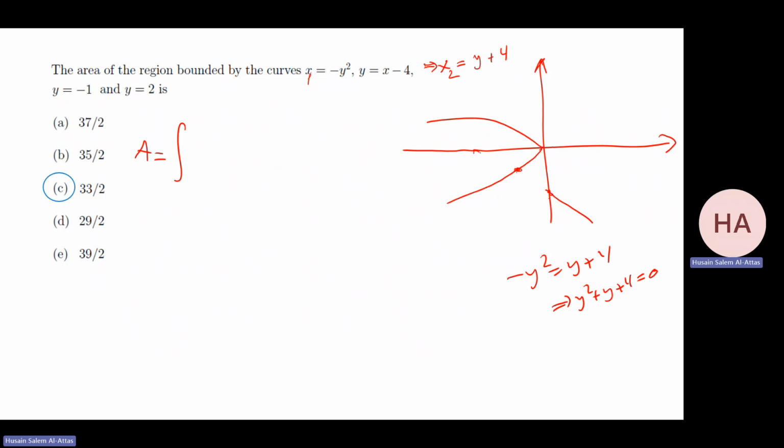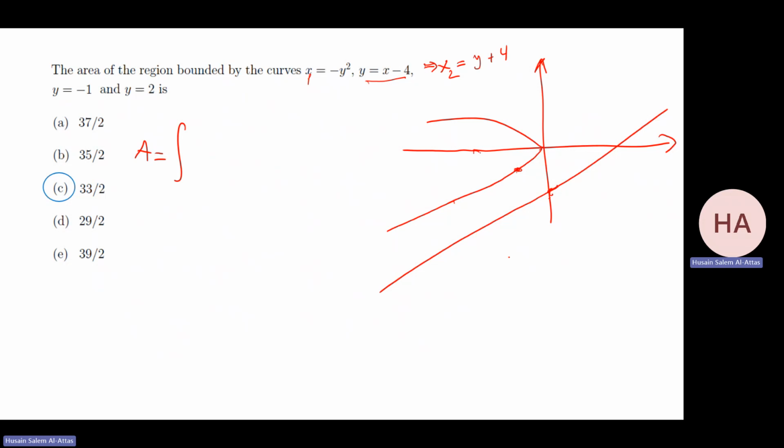Wait a minute, what am I doing? Yeah, the mistake, this is y equal x minus 4. It will be something like this. So there is no point of intersection between the two.